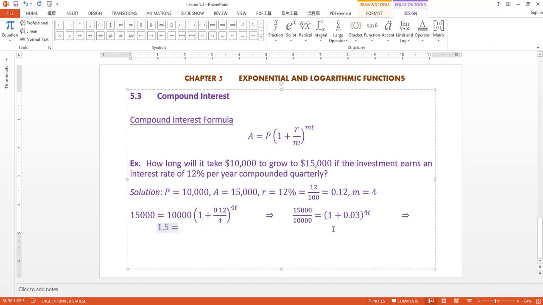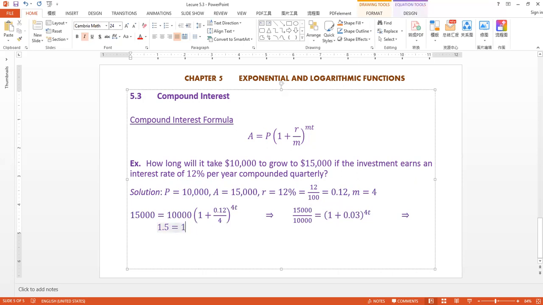On the right hand side, inside the parentheses, 1 plus 0.03 is 1.03. We raise that to the 4T. Just copy this and change the base to 1.03.